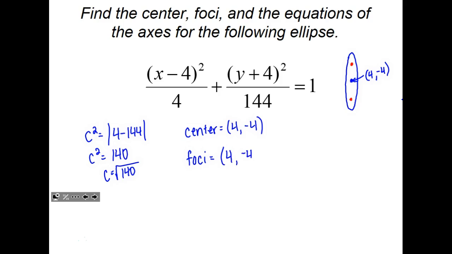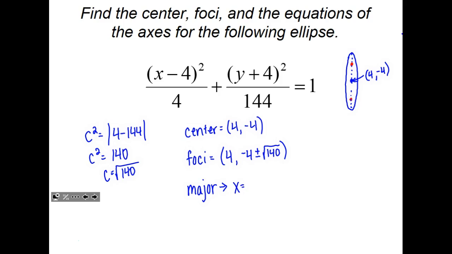We'll take -4, and we're going to add or subtract the square root of 140 to it to get the foci. We also have to tell the major and the minor axis. So the major axis here, I know that the major axis has to be vertical because this is taller than it is wide. So the vertical line there that goes through the center is your x equals line.